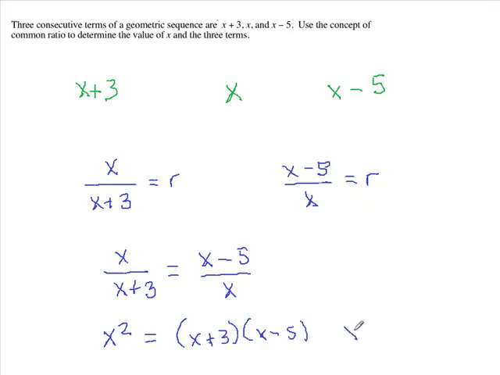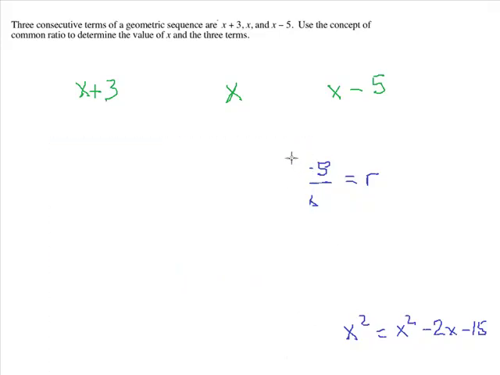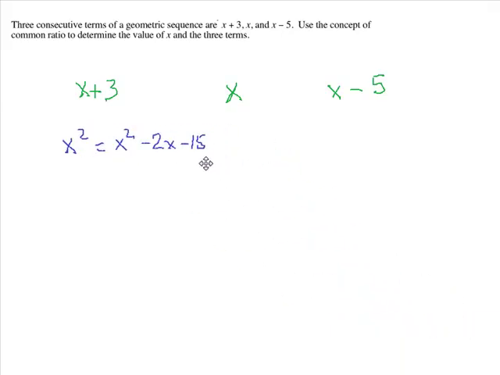That's going to turn into x squared equals x squared minus 5x plus 3x is minus 2x minus 15. All right, let me create some space and we'll finish solving that. I thought that was going to be a quadratic, but something lovely happened. The x squareds are going to cancel out, so this actually won't be quadratic in a moment.